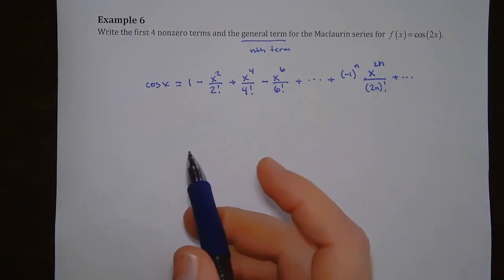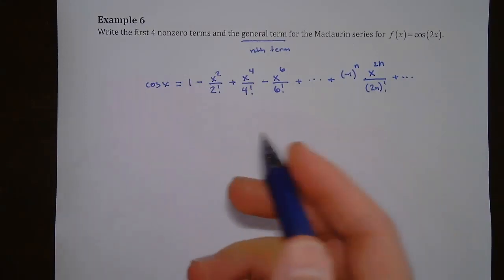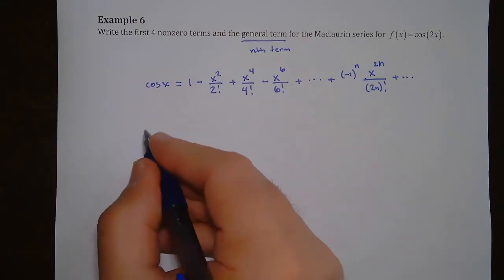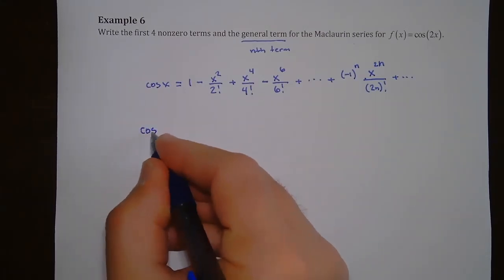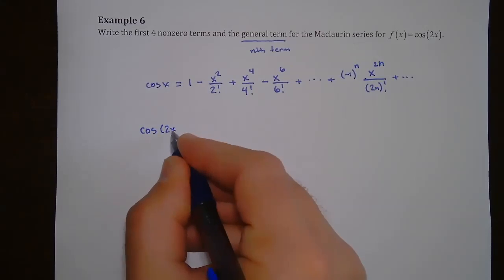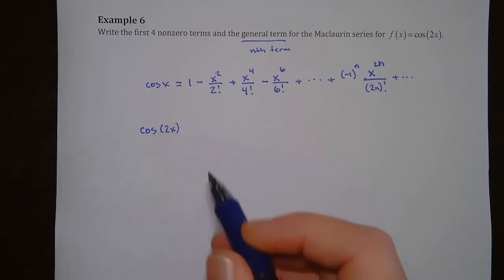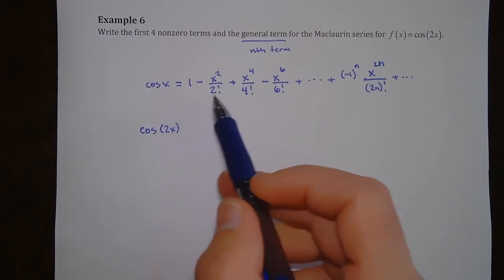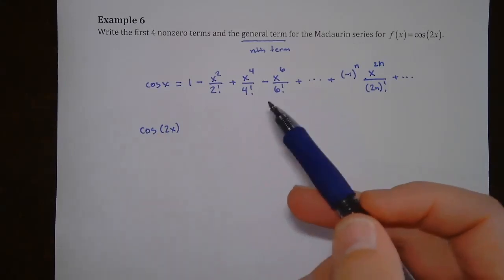Okay, to do cosine of 2x, and we want to do the first 4 non-zero terms, all we're going to have to do is everywhere for cosine x, everywhere we see x, replace it with 2x.